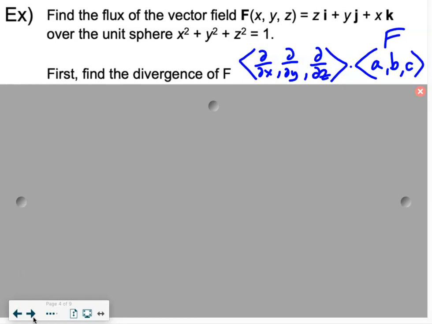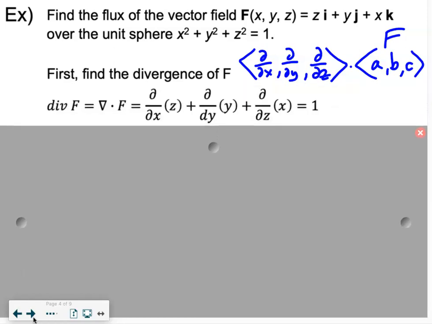All right, did you get one? Yeah. All right. Is that okay? Are you really lost? Yeah. So it's partial x on your first component, right? Plus partial y on the middle, plus partial z on the last.